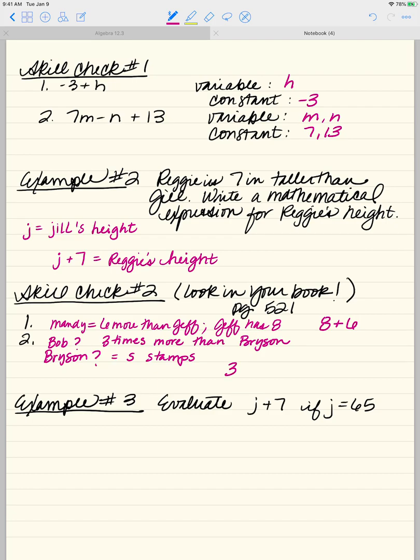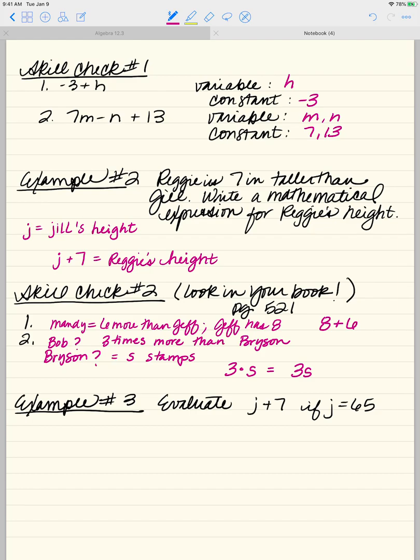So 3 times S. That's how many Bob has. And I'm going to write that even simpler and just write 3s. 3s represents how many stamps Bob has in relation to Bryson.